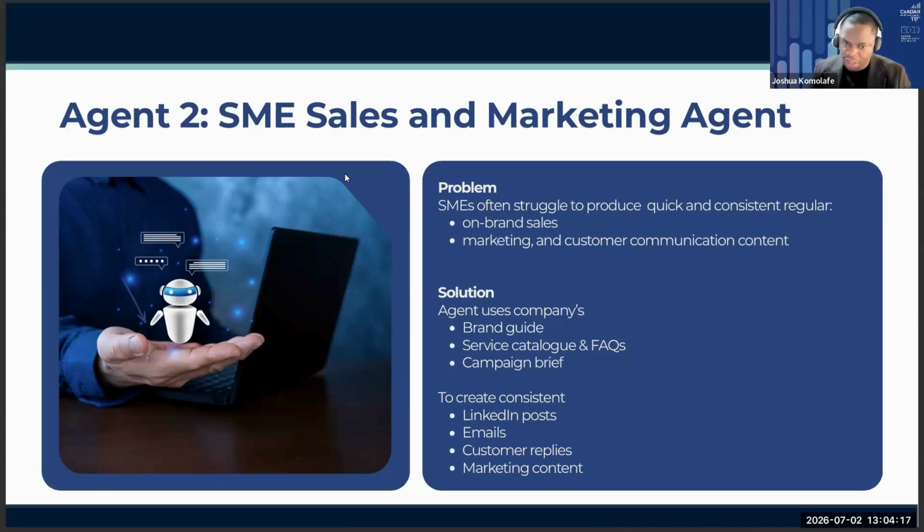And the solution for this is that agents can use the company's brand voice. They can use the campaign brief of the organization or the SME. They can use these service catalogs to generate contents that are in tune with the tone of that SME over time. So with this, you can create consistent LinkedIn posts, emails, customer replies, and marketing content.